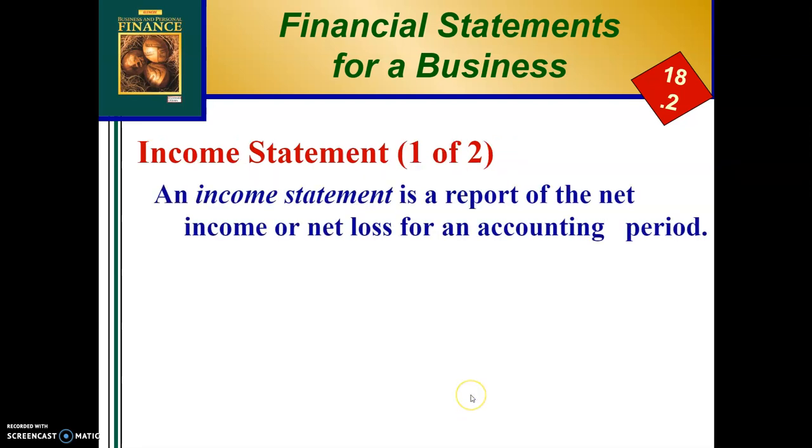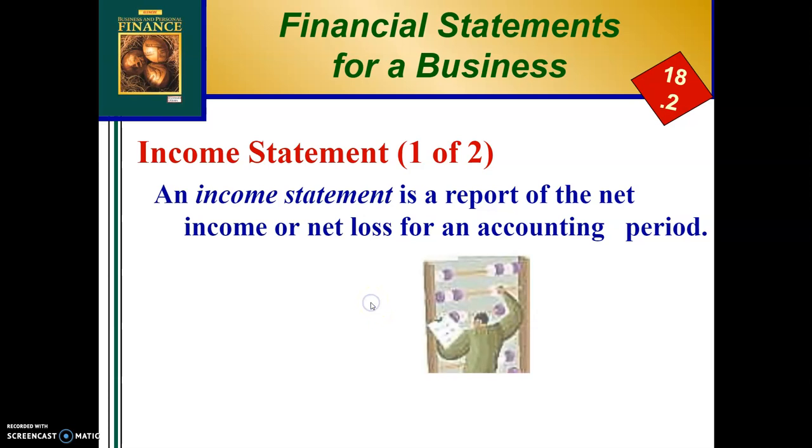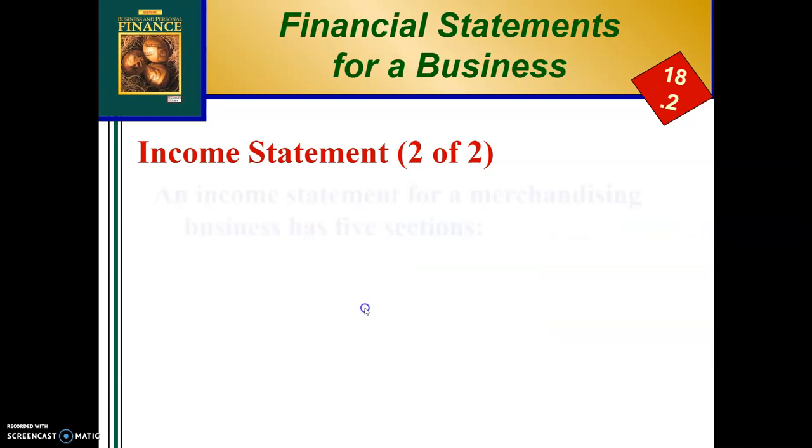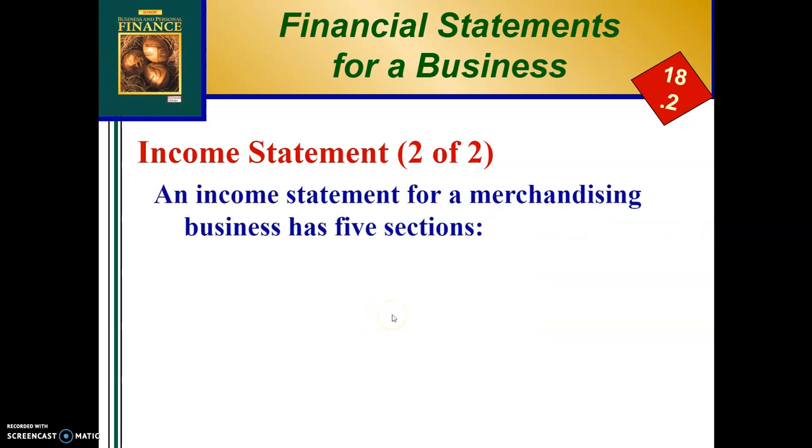All right, so when it comes to the income statement, which is a report of the net income or net loss for an accounting period, specifically the revenues or money coming in, as well as the expenses and money going out. The income statement for a merchandising business is going to have 5 different sections. There's the revenue section, which is all of the income.